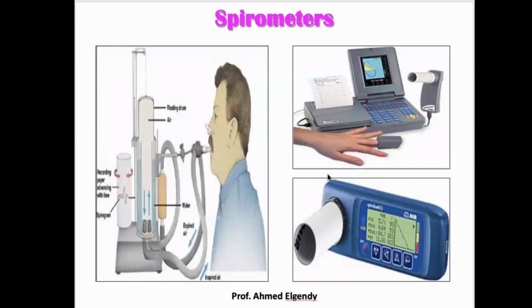There is a picture of three different types of spirometer. In our lab, we have this one and also this one, but we don't have this one. These are in the hospital setting. But in our lab today, we'll be using this spirometer for doing the pulmonary function test.